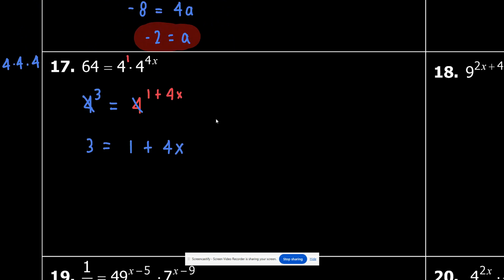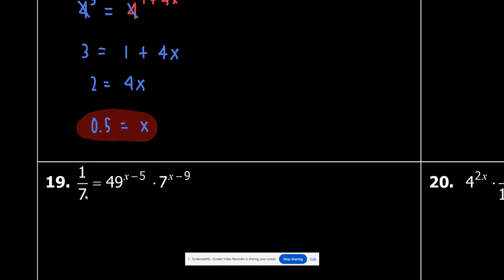Now, getting x alone, because there's not x on both sides, so just this one, I'm going to subtract 1. Well, 3 minus 1 is 2, and that equals 4x. And then again, we're trying to get x alone, so we're going to break that 4 away by dividing. Well, 2 divided by 4 is 0.5, or 1/2. Your call what you put, but that is the answer to number 17.